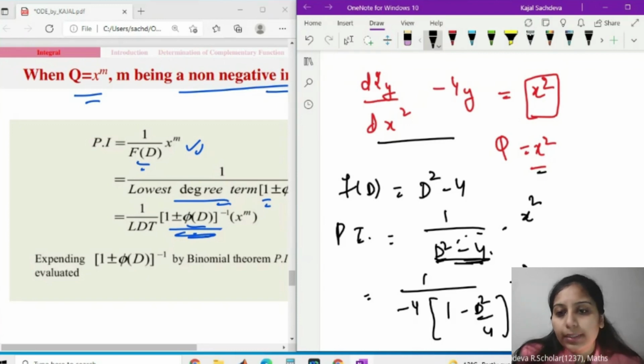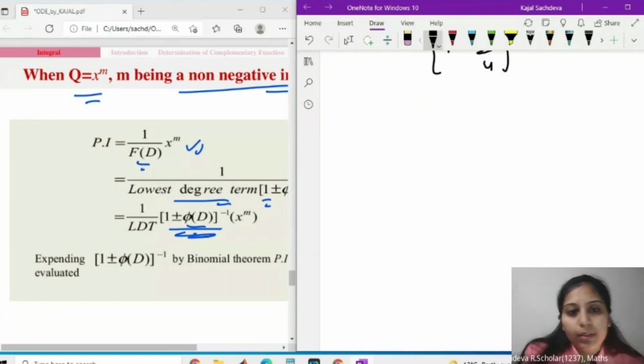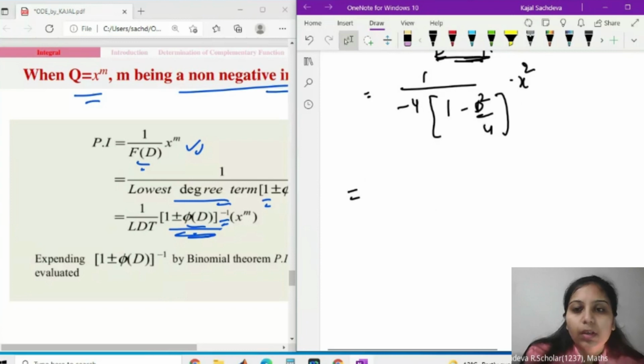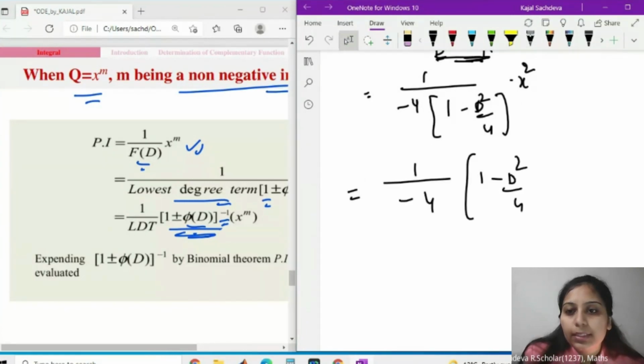What we do next is just take the inverse. So we have (1 - D square by 4)^-1 into x square.